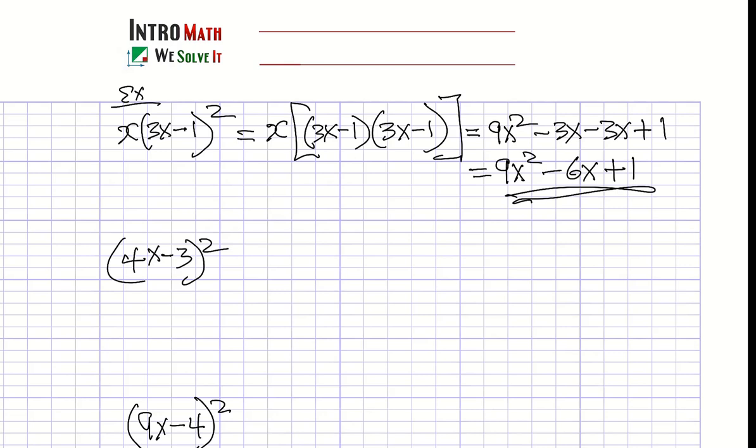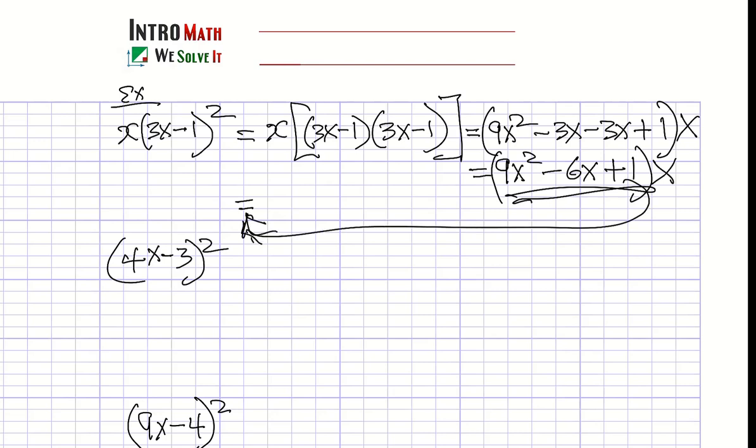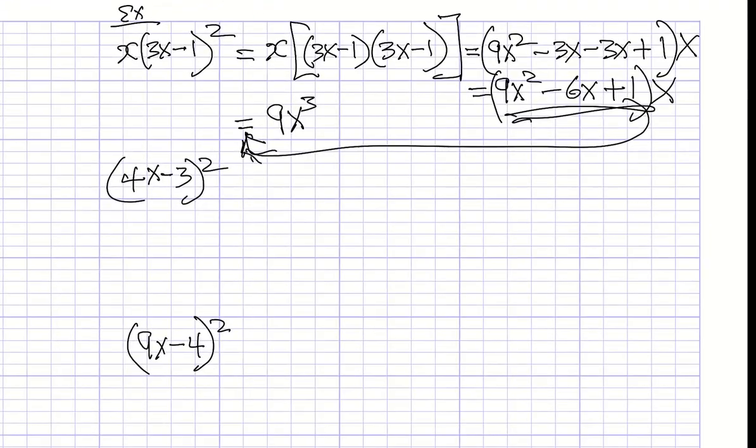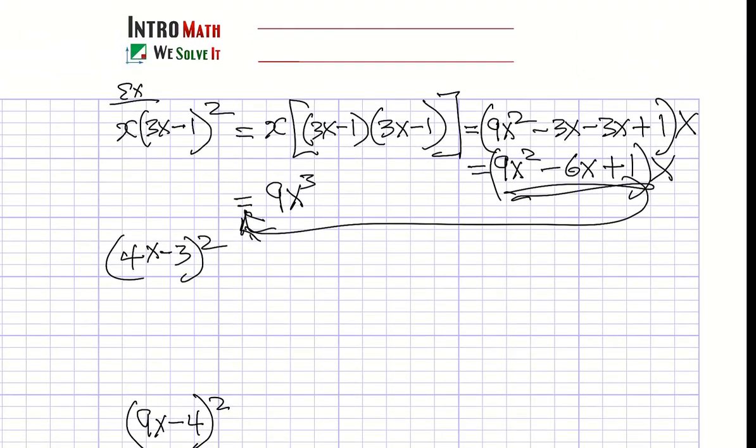Oh, I'm sorry, we're not done. That's inside the bracket. I left out the x. So let's put x there and multiply with x. It will be equal to 9x cubed minus 6x squared plus x.